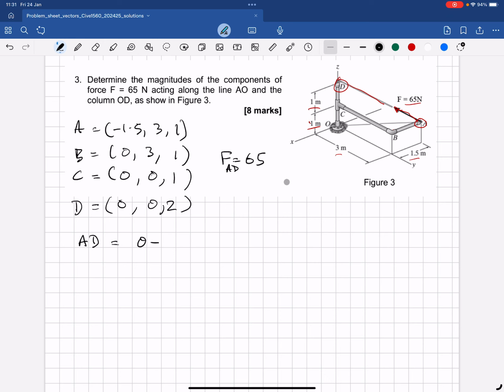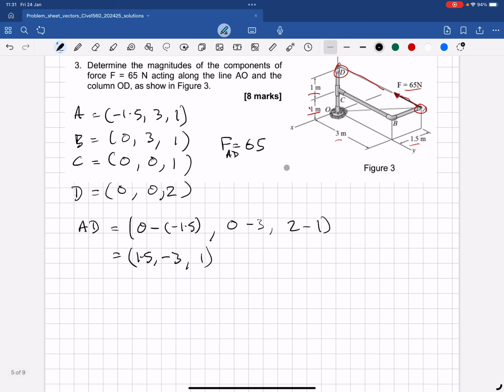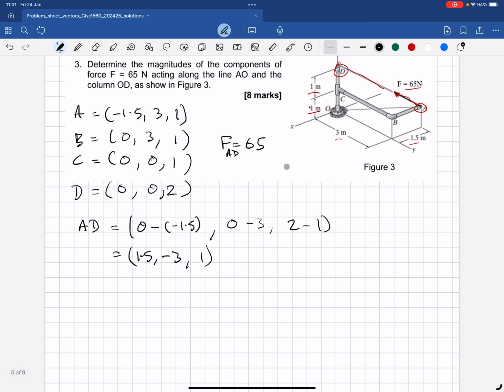So it's 0 minus minus 1.5, 0 minus 3, 2 minus 1. So AD is 1.5, minus 3, 1. That's the vector AD. I'm going to calculate AO because the question is asking for the magnitude of the force along the line AO and along the column OD.